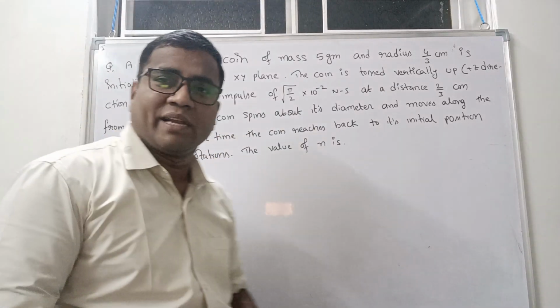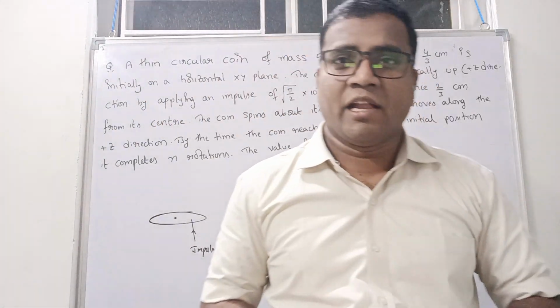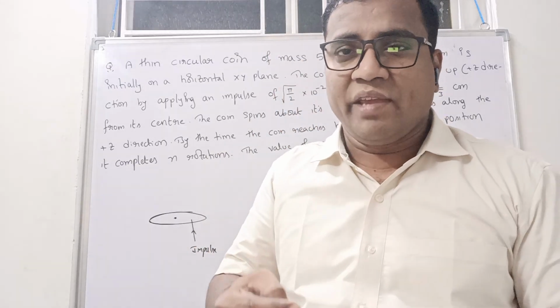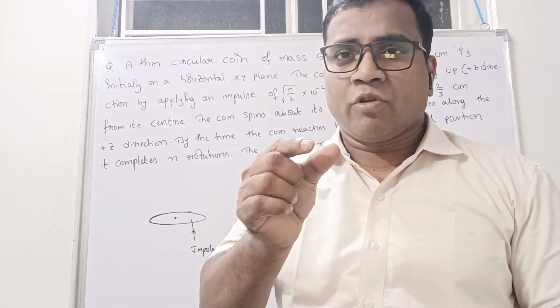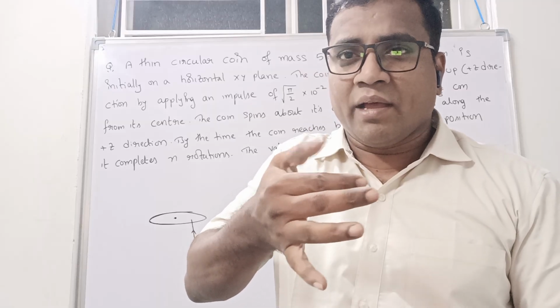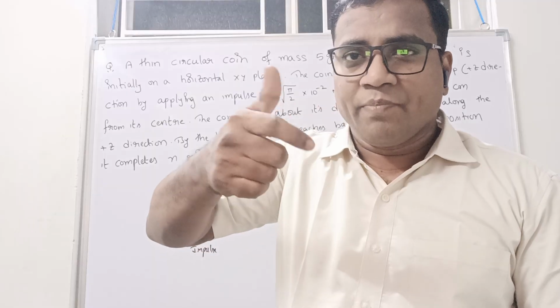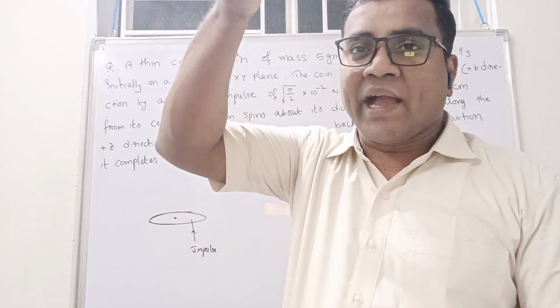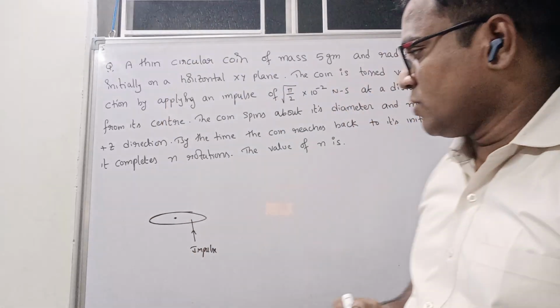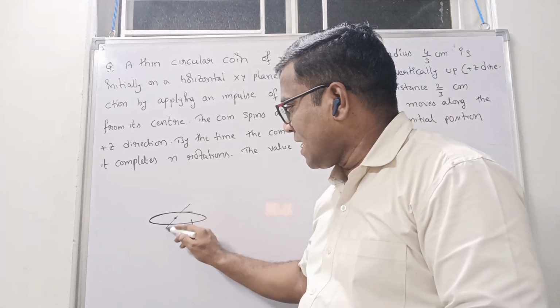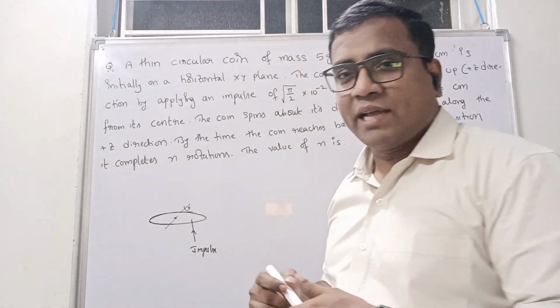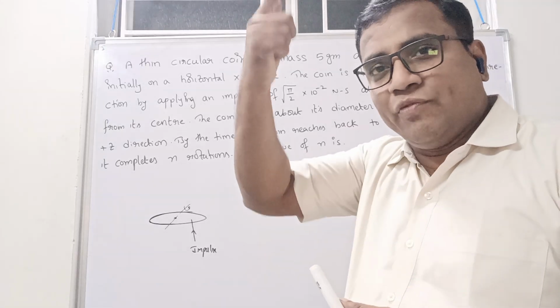Generally we see this when we toss a coin. We hold one coin and apply some impulse, and the coin will rotate, go up, and again come down. In a similar manner, with respect to this diameter, it is rotating and moving up.